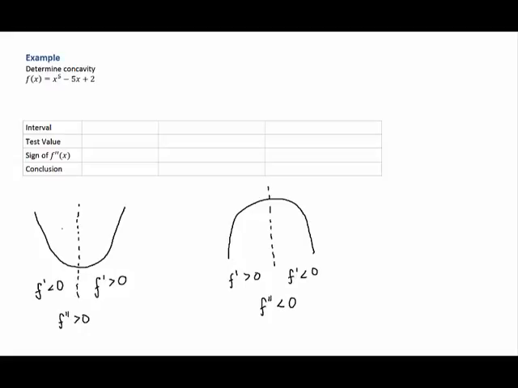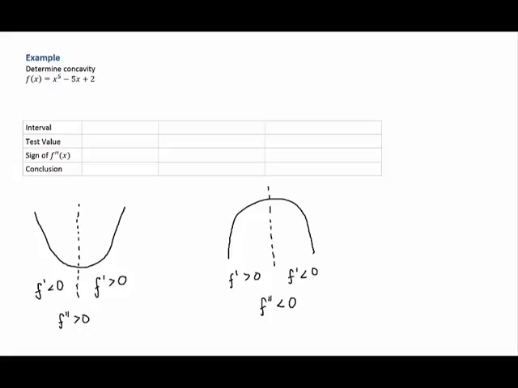We say a function is concave up when its derivative is increasing, or equivalently, if the derivative is differentiable, the second derivative is positive. We say the function is concave down if the second derivative is negative.